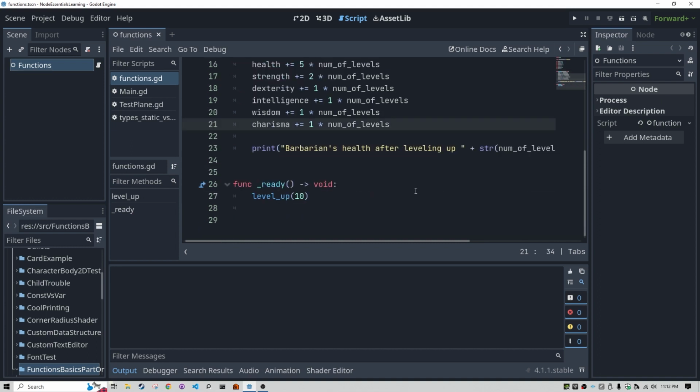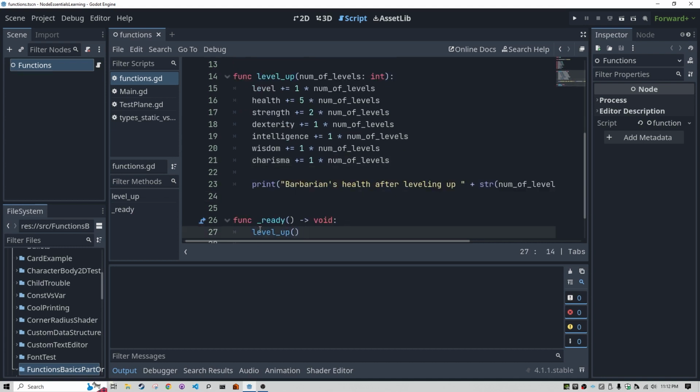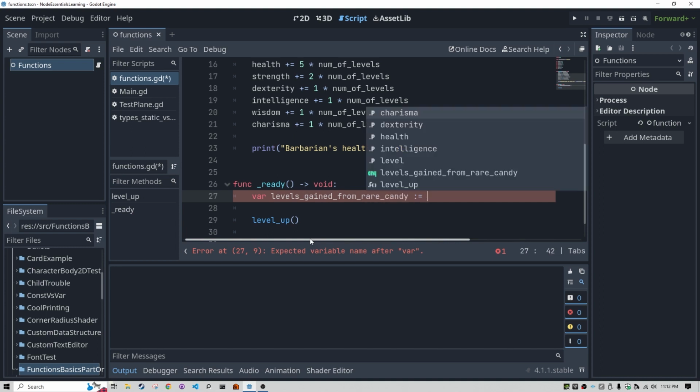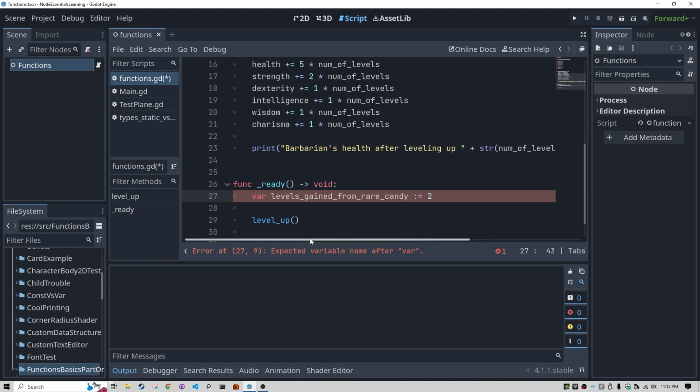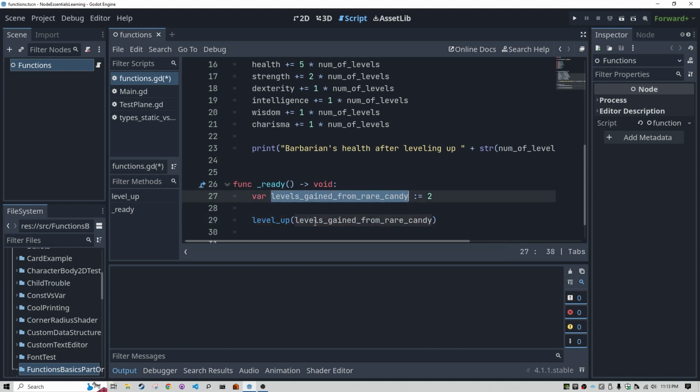Now, one thing that people sometimes get a little bit confused about is something like this. Let's say I have a new variable called levels gained from rare candy. And I know rare candy only gives one level, but let's just say for example it gives 2, okay? I can actually pass a variable into my function.